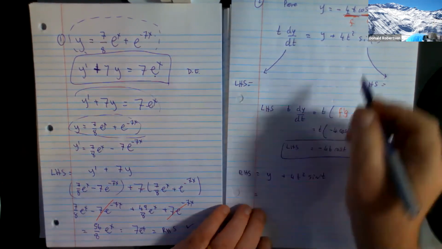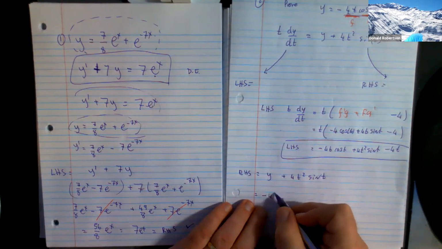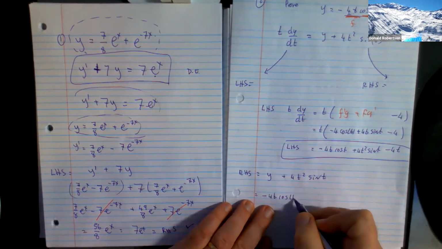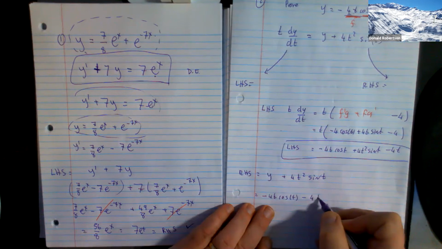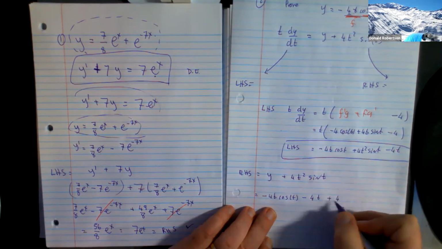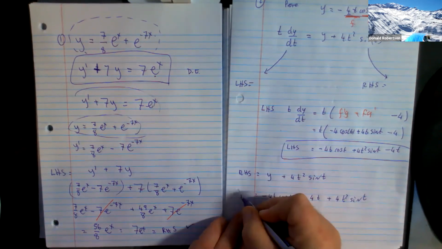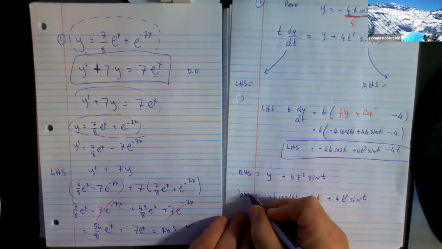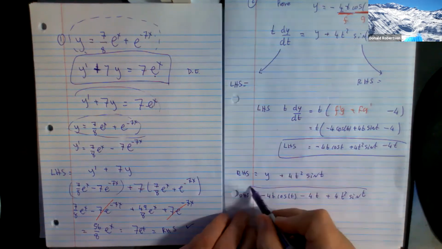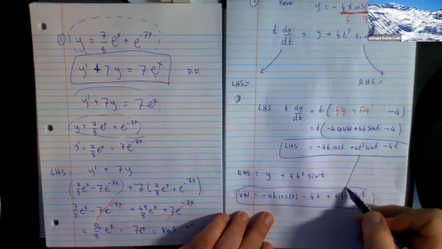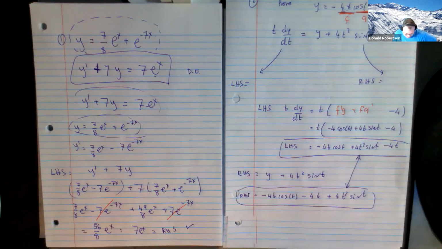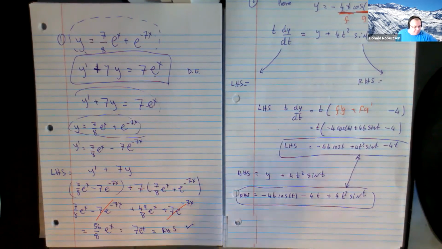And y is all that, so it's negative 4t cosine t, take away 4t, plus this piece. Now, is this fella him? Well, a little bit of shuffling, would you agree they are the same? So we've shown that it is a solution.